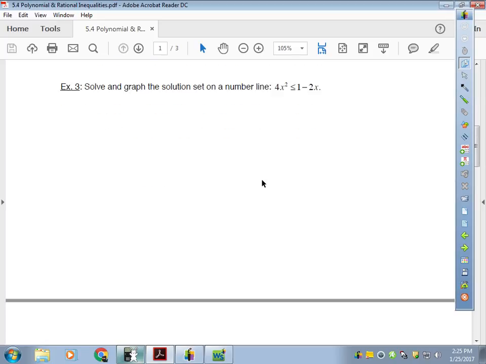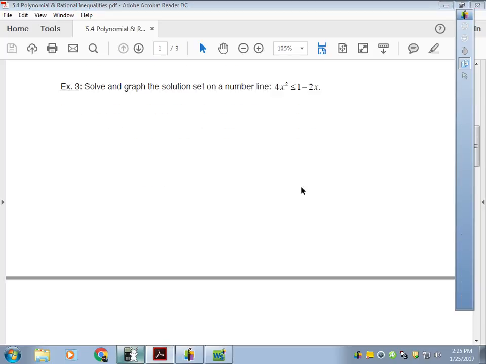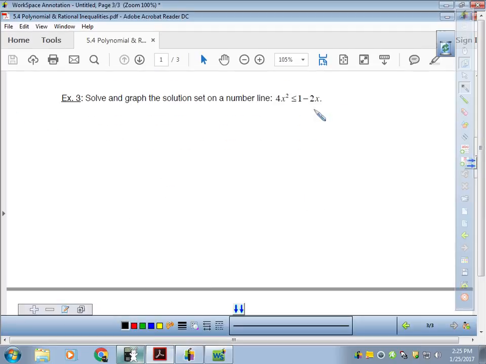All right, let's look at example 3. Example 3 asks us to solve and graph this inequality. We have 4x squared less than or equal to 1 minus 2x. I don't have 0 on the right-hand side, so I'm going to move these things over.